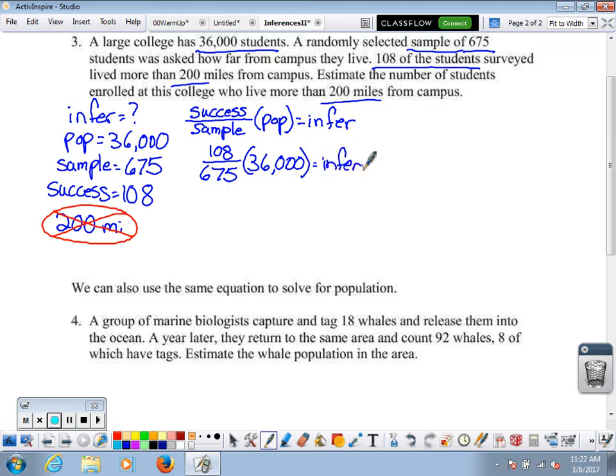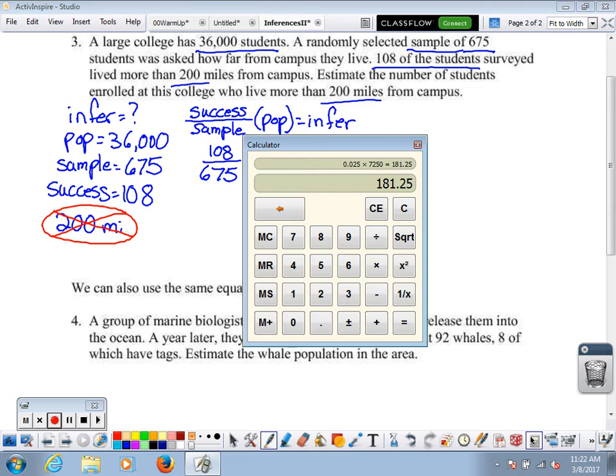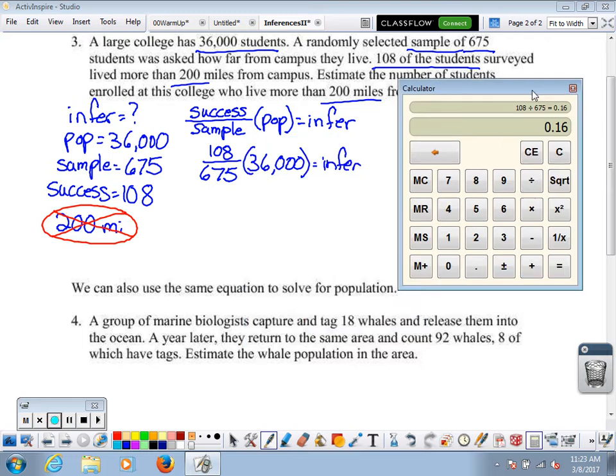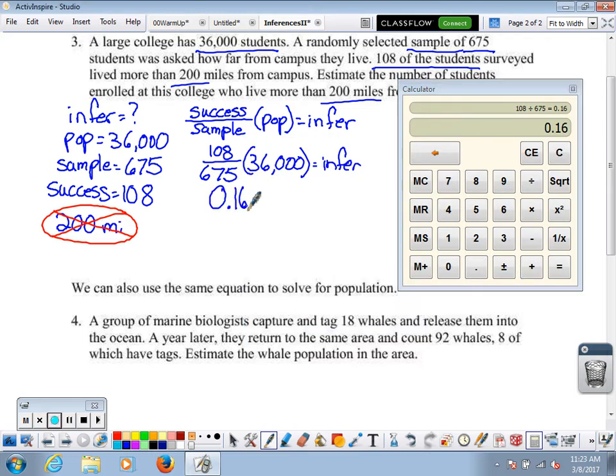First, let's follow order of operations and divide 108 by 675, and we'll get 0.16. So 0.16 times 36,000 will give us our inference. Multiply that and we'll get 5,760 students.